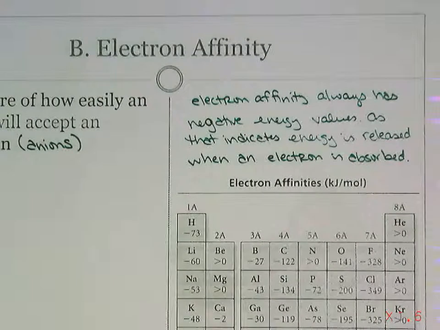Negative numbers are always weird to think about. The larger the negative number, the more energy is being released, so the more likely it is to take on an electron. Go ahead and write that down.